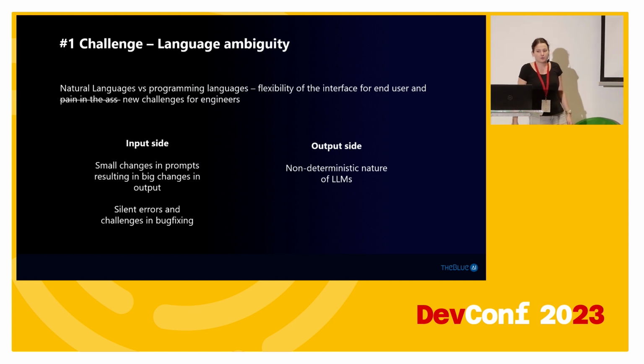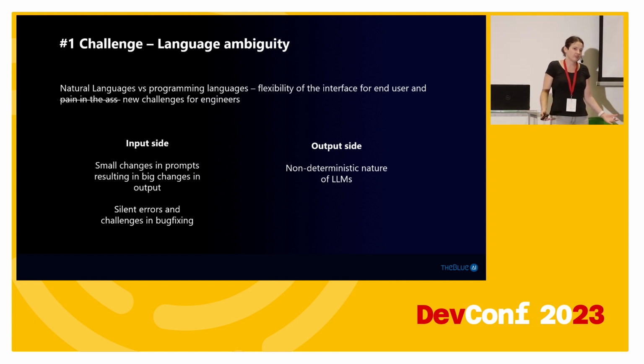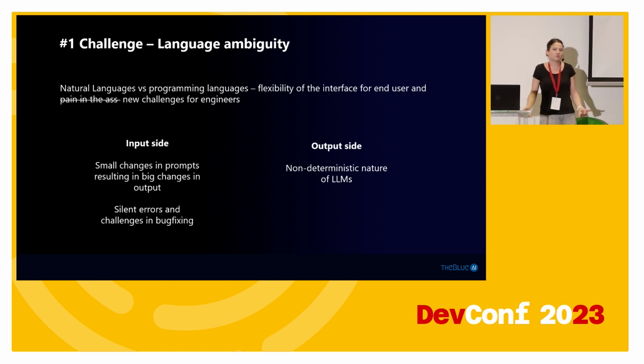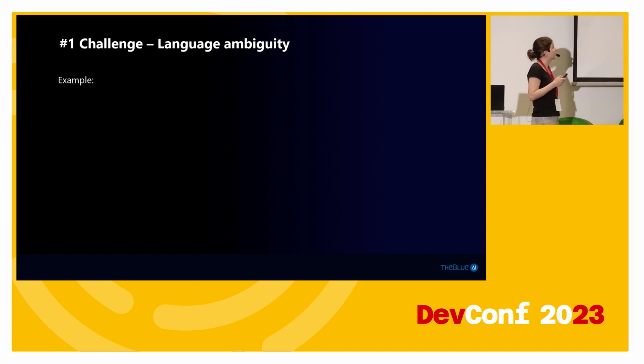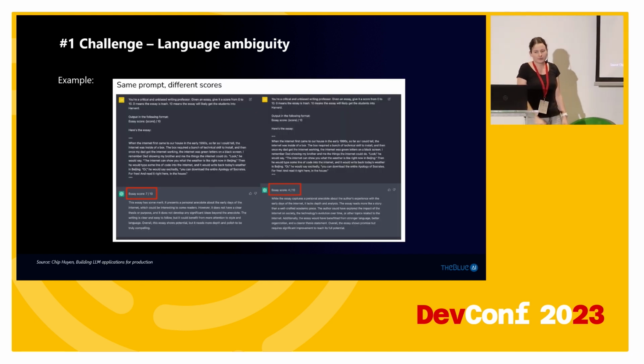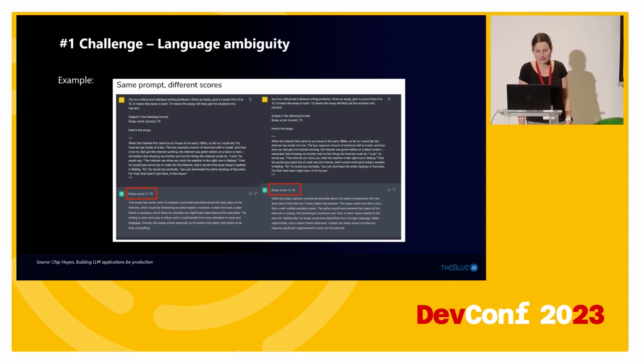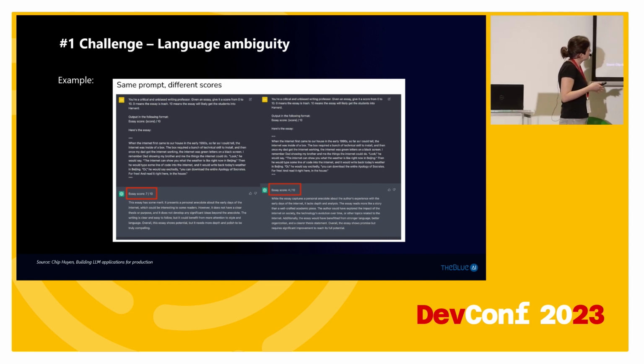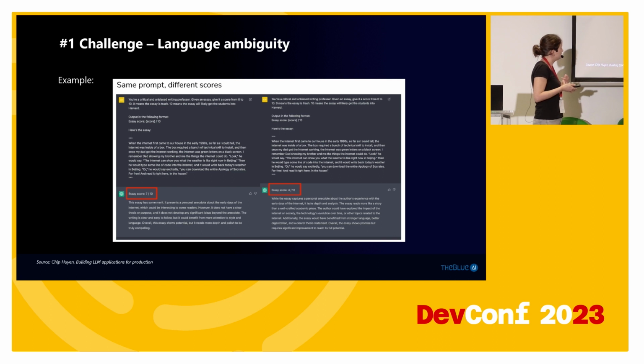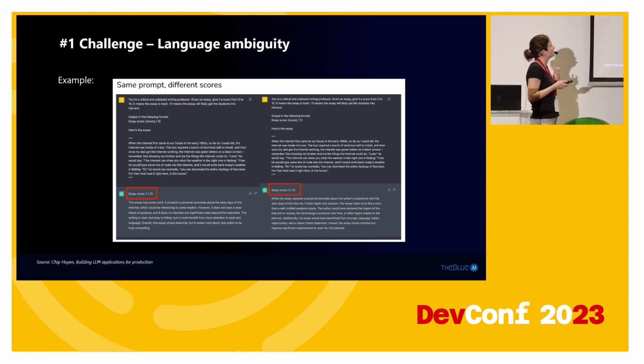On the other hand, on the output side, we have the fact that language models by their nature are non-deterministic. So using the same prompt, you can get different answers. Let's take a look at examples. The first is a chat using ChatGPT, where we told the model that it's an unbiased writing professor, and it should evaluate an essay and give a score from 0 to 10.